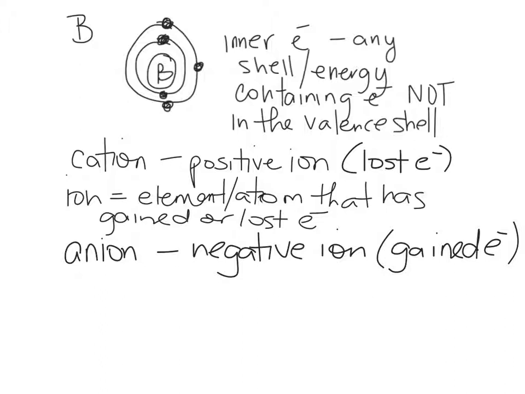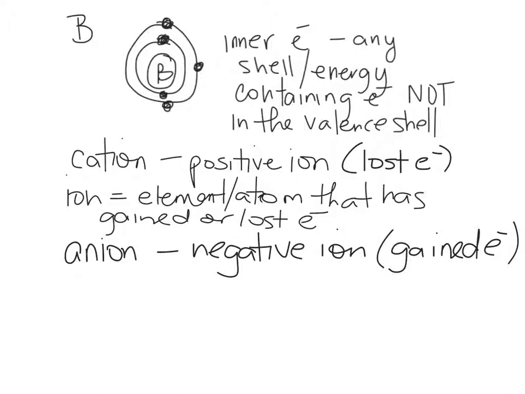All the elements that are left of the staircase, they're metals. They're all going to lose electrons. So metals are going to be cations. So what about, find for me sulfur. Find sulfur.